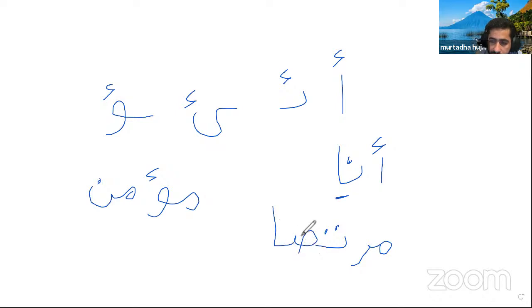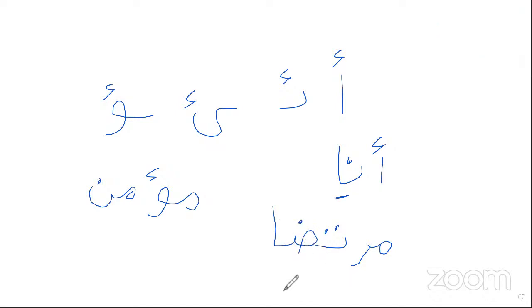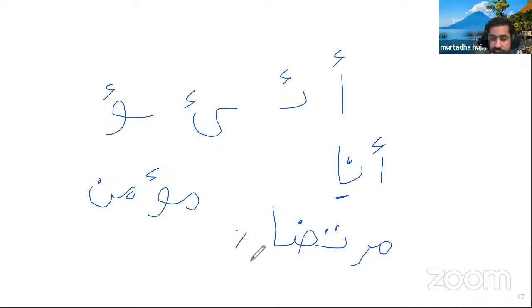Like here, my name is Murtada, but it's not written like this. It's just the way of writing. We will write it using something called Alif Maqsura. It's basically a Ya shape, but with no dots, and it's read Alif.